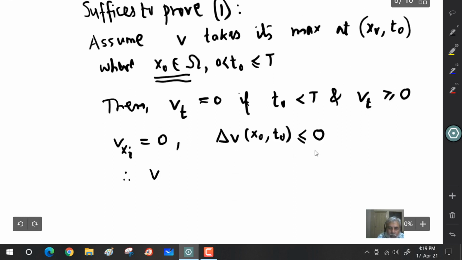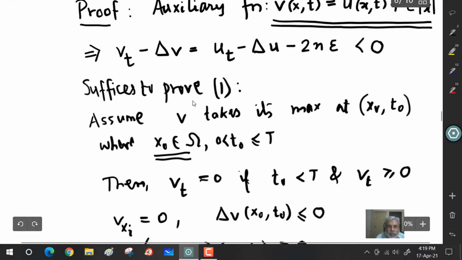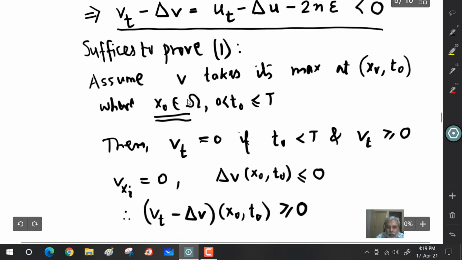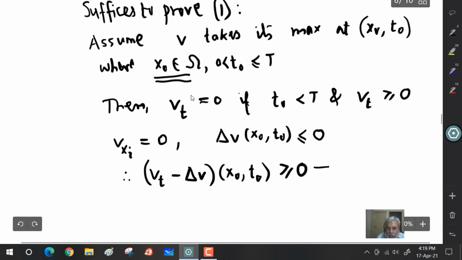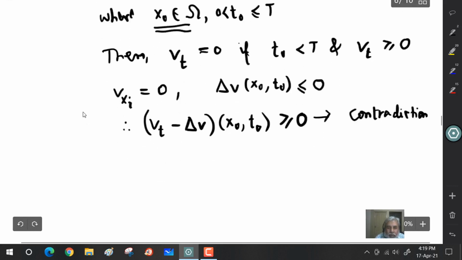Therefore vt minus Laplacian v at x0 t0 is bigger than or equal to 0, and this is a contradiction to this statement. So we cannot assume a maximum in the interior.